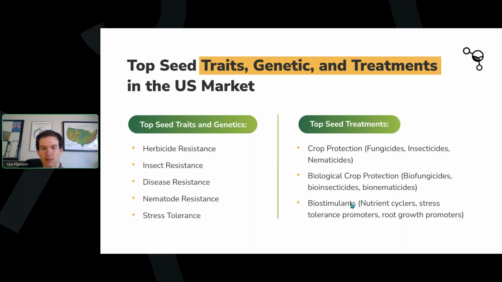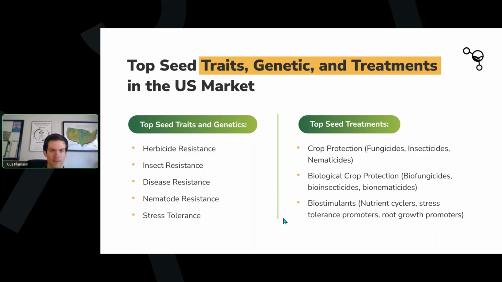And then biostimulants, microbial seed treatments that help enhance nutrient cycling, can promote stress tolerance of the crop, and in some cases promote root growth, and really help give a seed a head start by placing microbes or biostimulant compounds that can give that seed a leg up in helping its root growth and its early vigor.